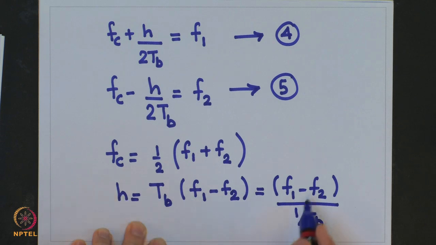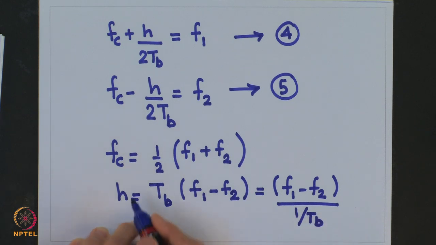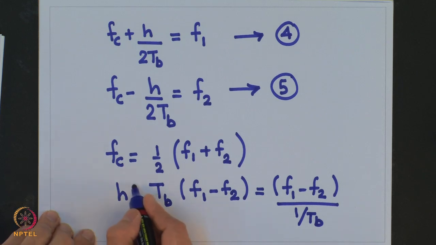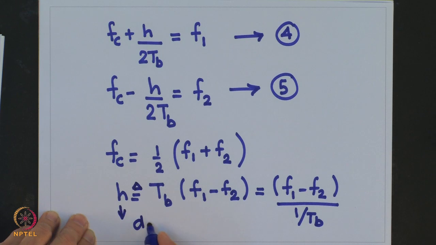So, h is nothing but the normalized frequency difference with respect to bit rate, and this is by definition known as deviation ratio. It is a dimensionless quantity.